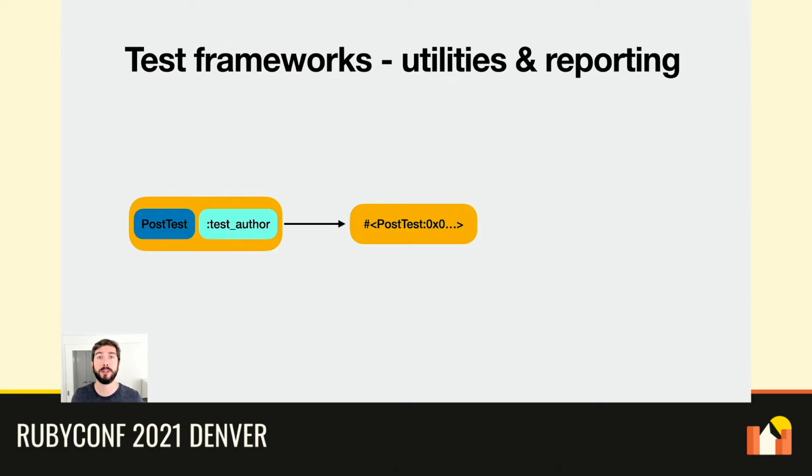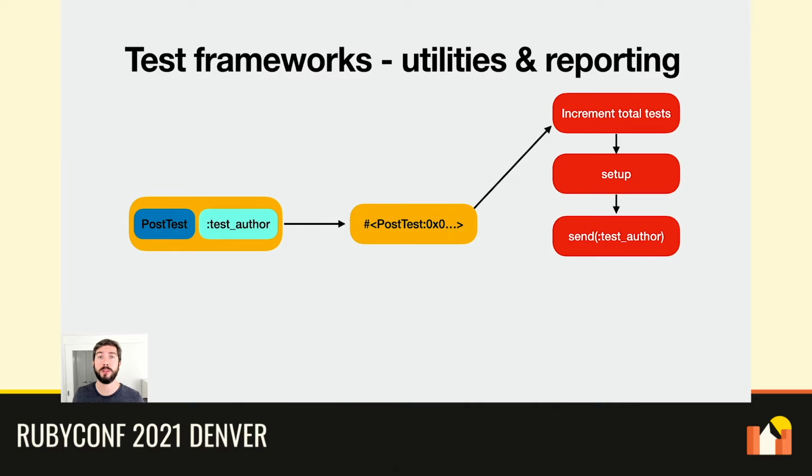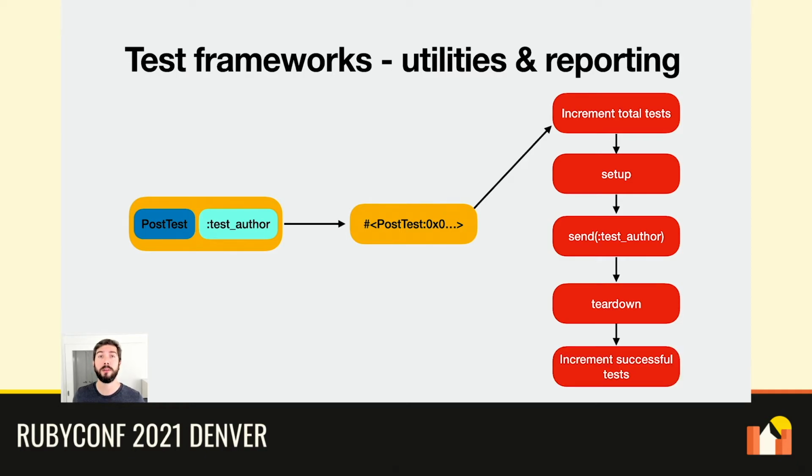If we go back to our execution steps, we can add some more statistics and reporting to it. Before we begin running our execution steps, we can increment the total number of tests, because we know we're running a single item from the queue. Then we begin our execution steps with setup, the test method, and teardown. And if we reach the very end of all of these steps, we can increment the total number of successful tests.